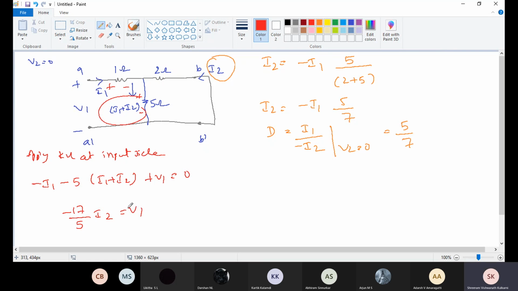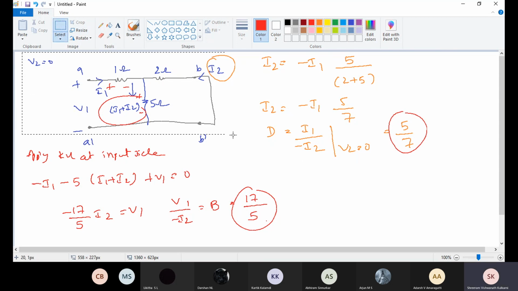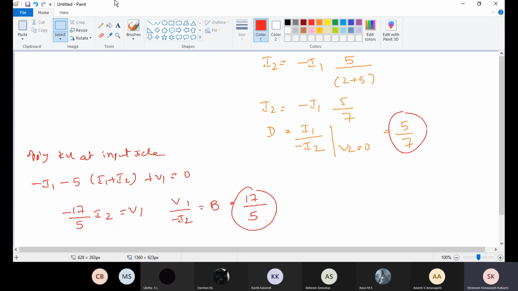What is the formula for B? B is nothing but V1 by minus I2, so V1 by minus I2 is equal to B, that is nothing but 17 by 5. Okay, now I calculated A, B, C, D. The final step is that I need to write the ABCD parameters.